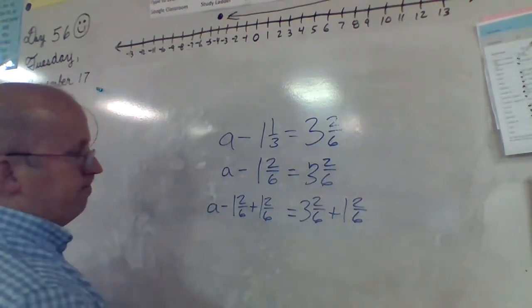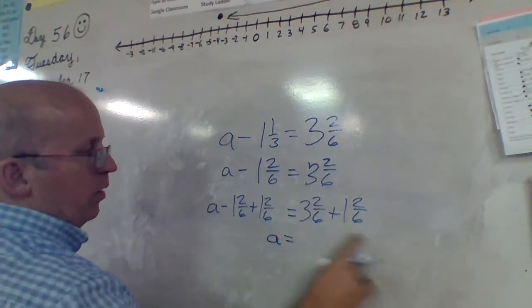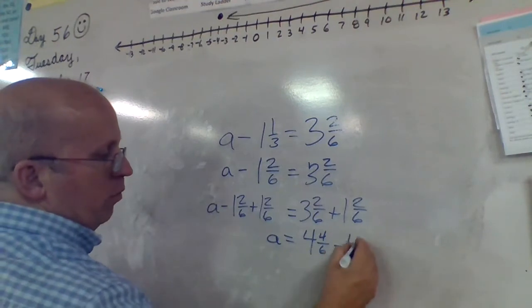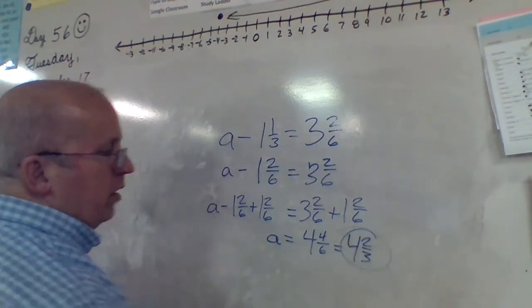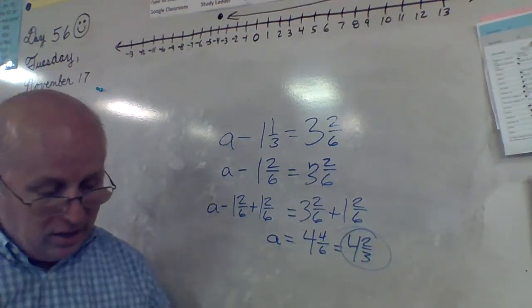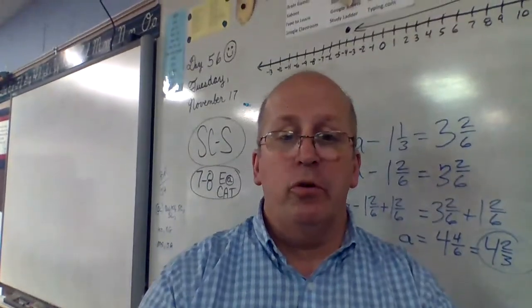So I get that. Next row, I'm left with an A on the left side, but on the right side, I'm left with 4 4/6, which is 4 2/3. And we're done. Those are the kinds of problems that you're seeing on Practice Quiz 2.